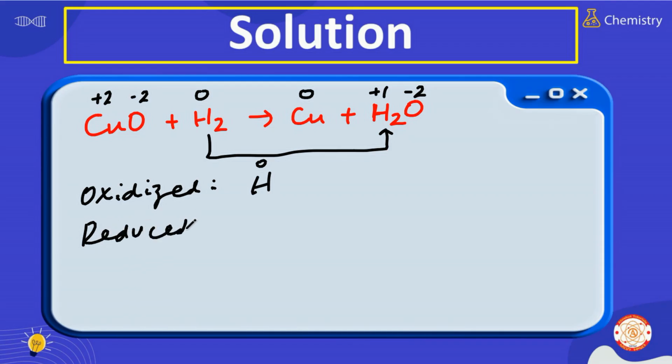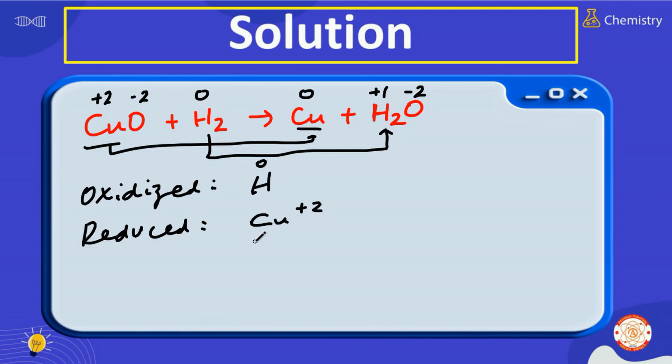And which species has been reduced? Copper going from +2 to 0. Therefore, copper +2 has been what? Reduced.